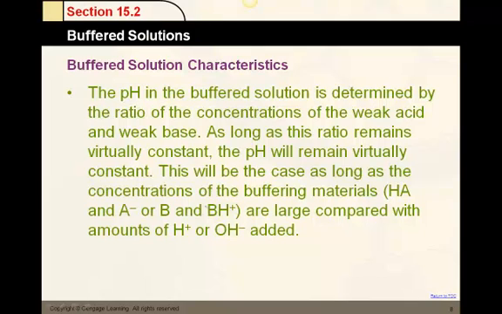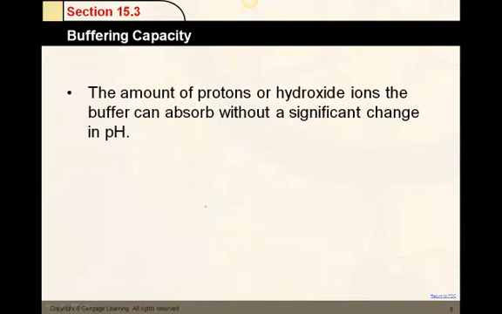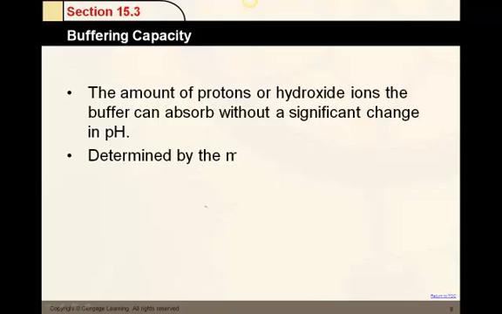Most of the time, we're not going to be talking about theory of this. The questions that you will see will be actual math problem solving. So if you can solve the problem, that's all you really need to do. Other information: the amount of protons or hydroxide ions the buffer can absorb without a significant change in pH. That's what a buffer is, of course.